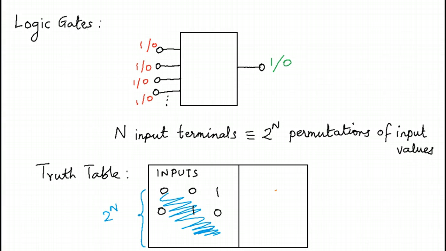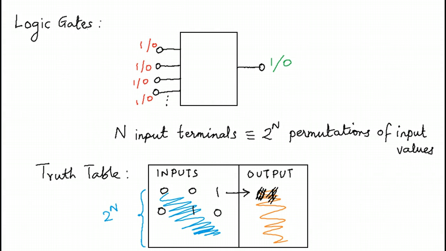The other part of the truth table, that is this part, contains the output. That is to say, corresponding to every possible permutation of inputs. For example, look at the first row where you have got 0, 0, 1. You have to write in this particular column either 0 or 1, any one of them.